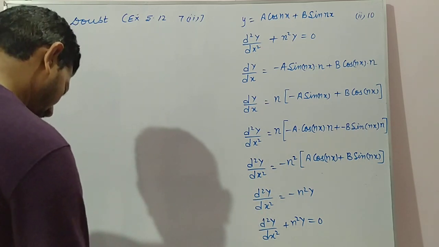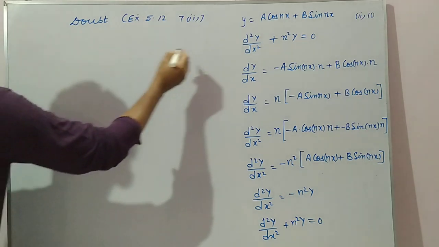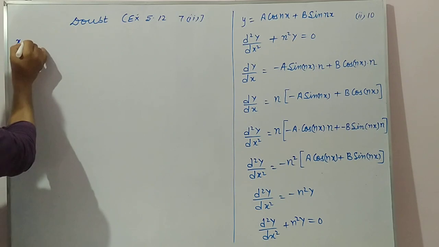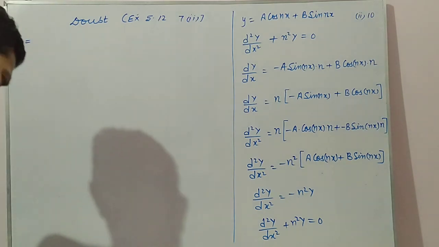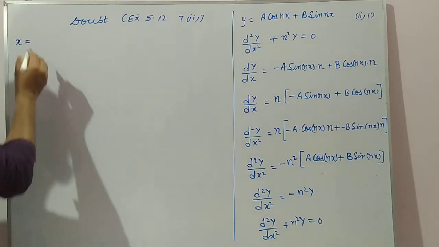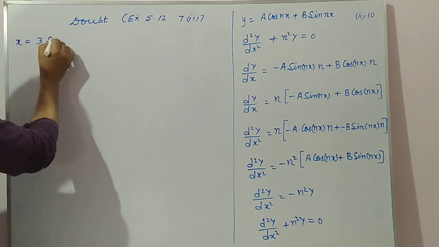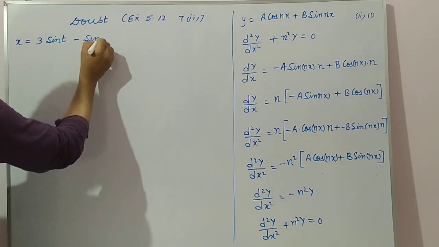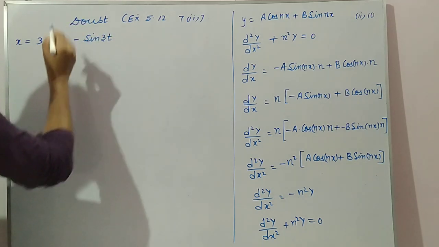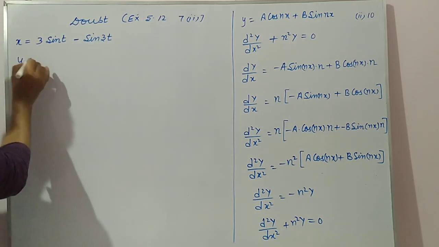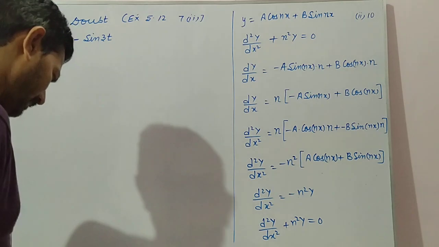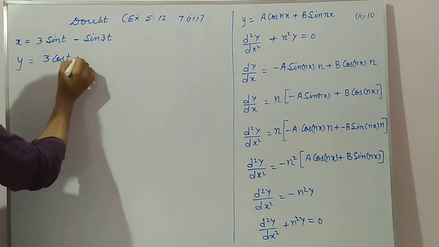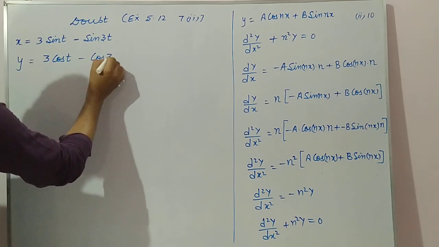Here it is given that x equals 3 sin t minus sin 3t, y equals 3 cos t minus cos 3t.